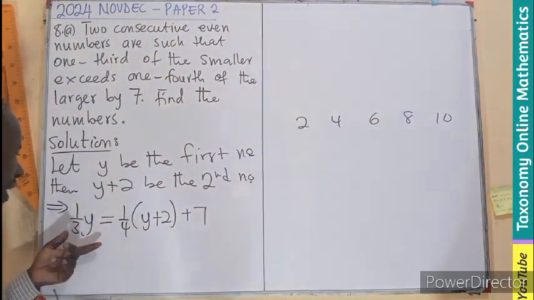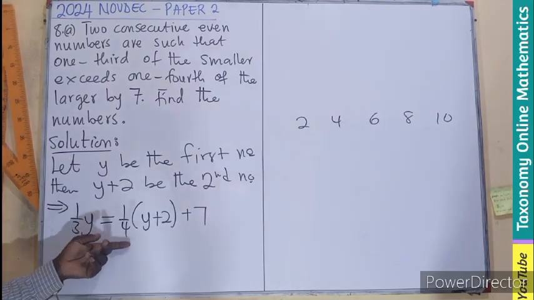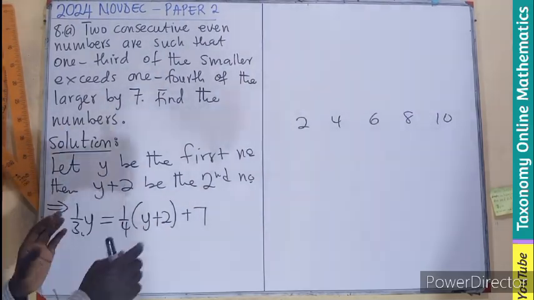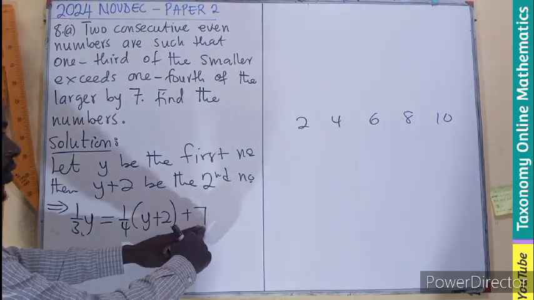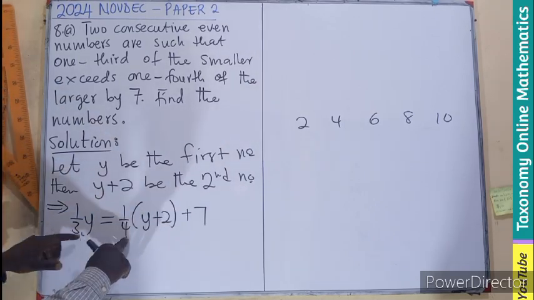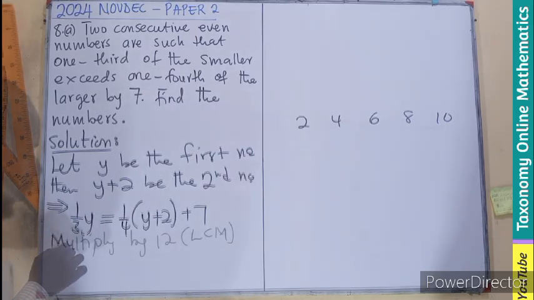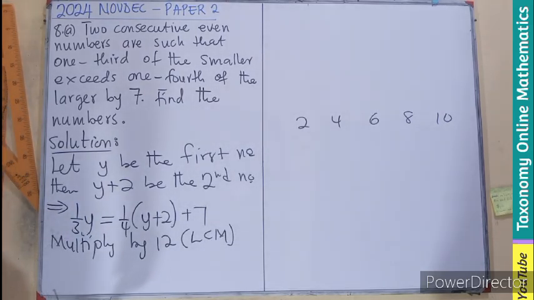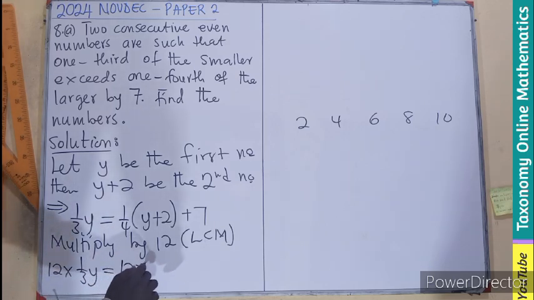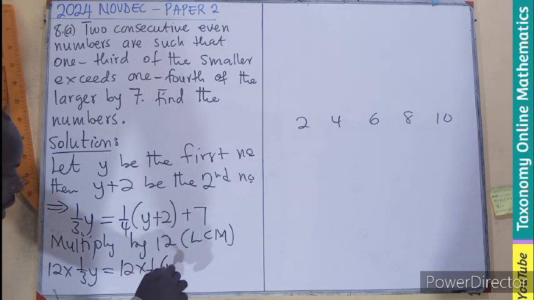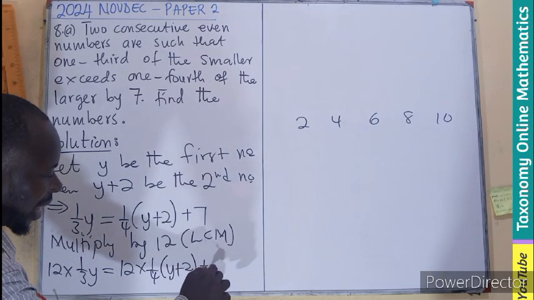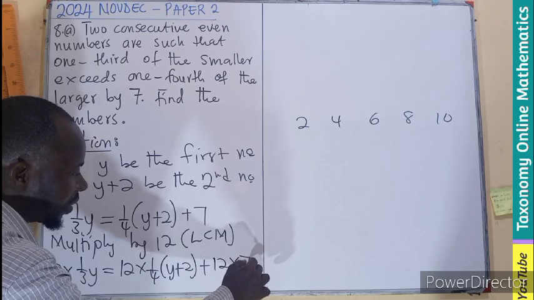Alright, so now we have an equation that involves fractions. There are 3 different terms: term 1, term 2, term 3. So we find the LCM of the denominators, 3, 4, 1, which is going to be 12. We multiply through by 12, meaning 12 times 1/3 y equals 12 times 1/4 (y plus 2) plus 12 times 7.